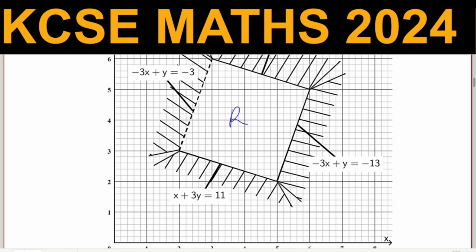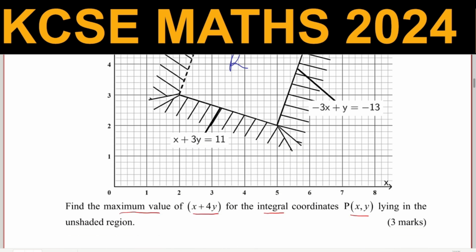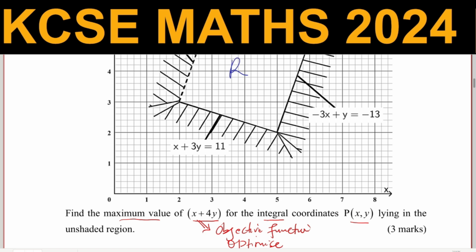And what we are given here, x plus 4y, is the objective function. This is what we use to optimize, either to get the maximum value or the minimum value. And to do that, there are two ways of optimizing.